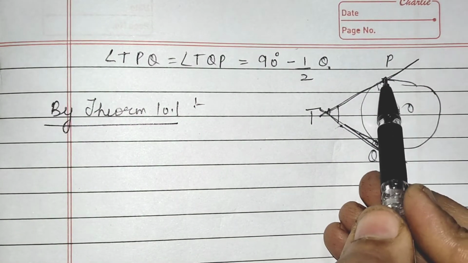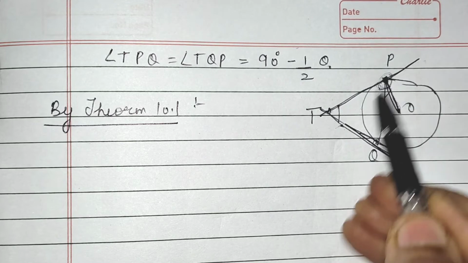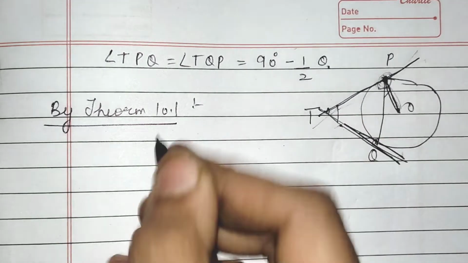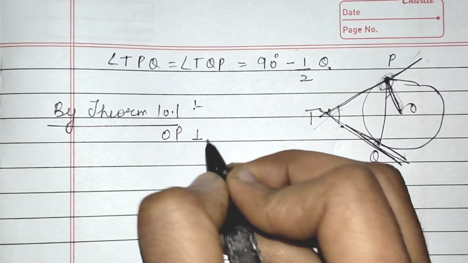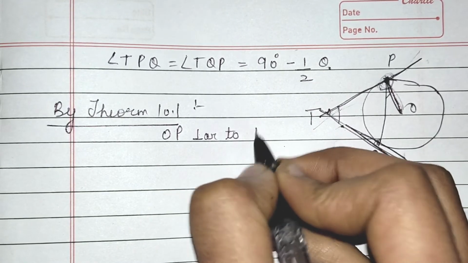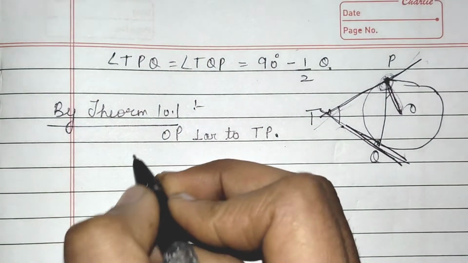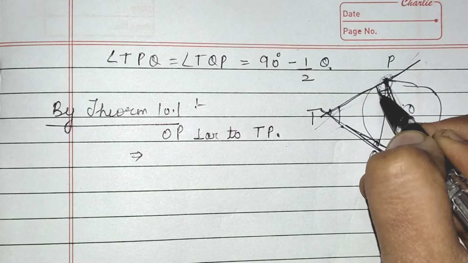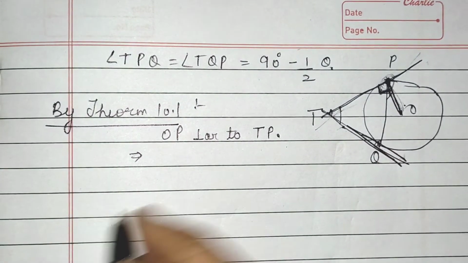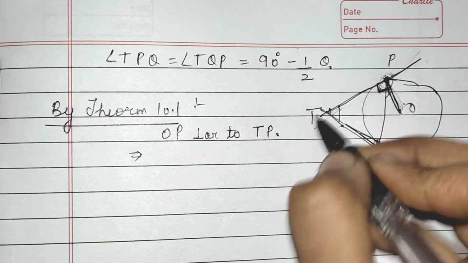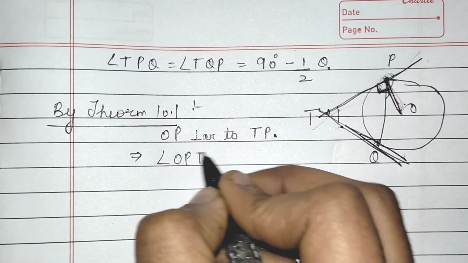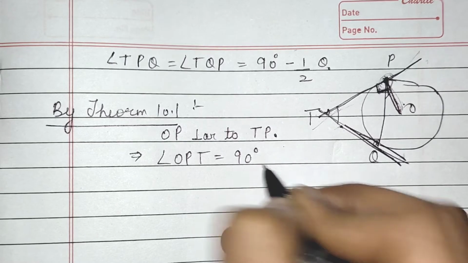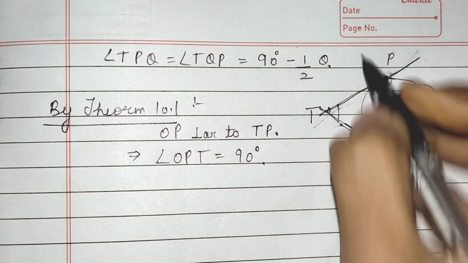So OP is a radius and P is the point of contact of this tangent. So that means OP is perpendicular to TP, the tangent. That means this complete angle will be 90 degree. That means angle OPT will be equal to 90 degree, right?